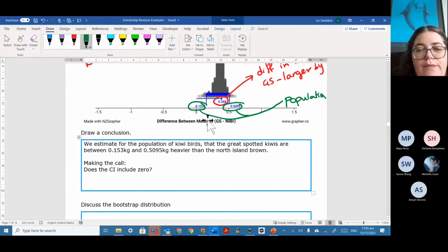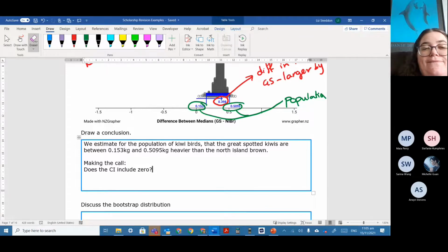So for this one, does this confidence interval include 0? No. Absolutely. The first value starts at 0.153, which is above 0. So it does not include 0.